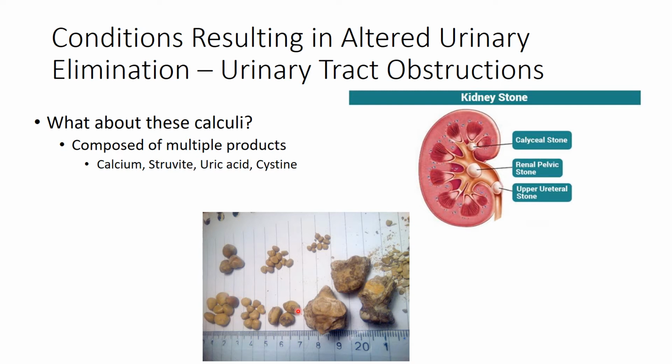And so you might imagine that passing something like this is going to be painful, and we might actually break that up before trying to pass it, whereas these might pass a little more easily because they're smooth and rounded. So their appearance and size are variable, and so they are going to vary based on what they are comprised of.